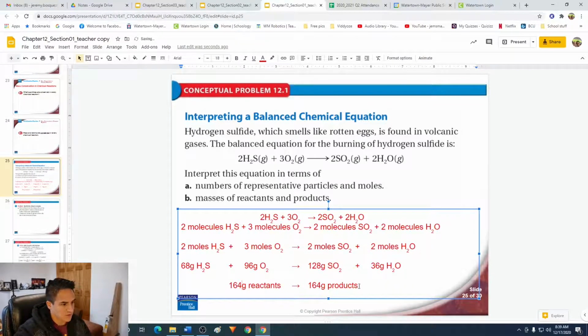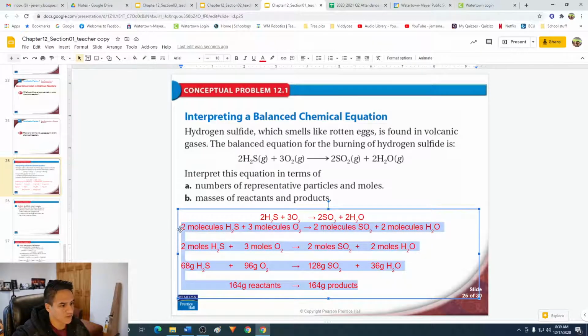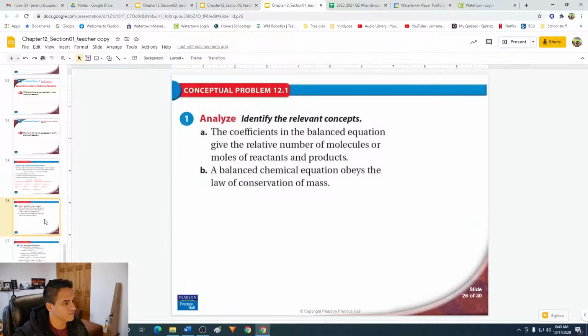Okay, so we have the same amount of reactants as we do products, which means that we did our math correctly because we should have the same, right? Law of conservation of mass says we should have the same. So this is our answer for this problem, okay? All 4 of these things. We are interpreting this equation in those different types of units.